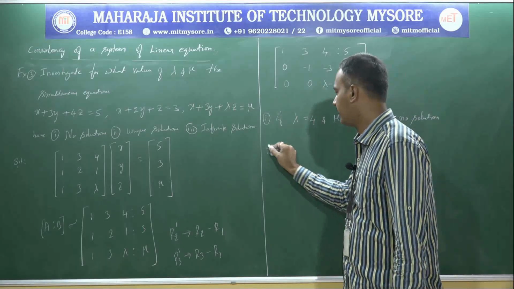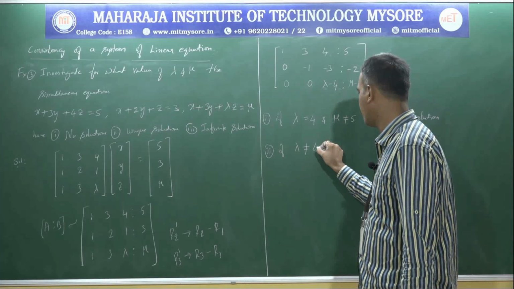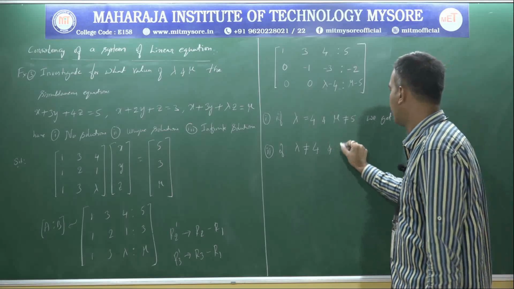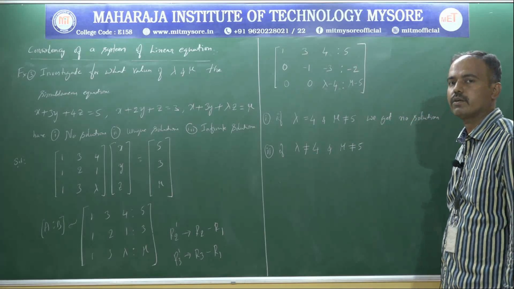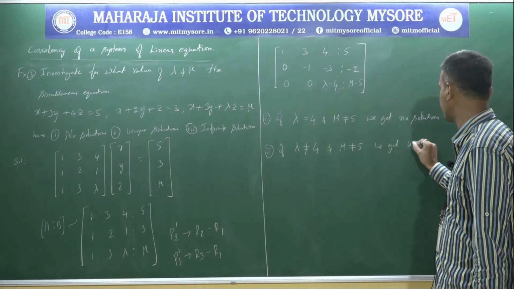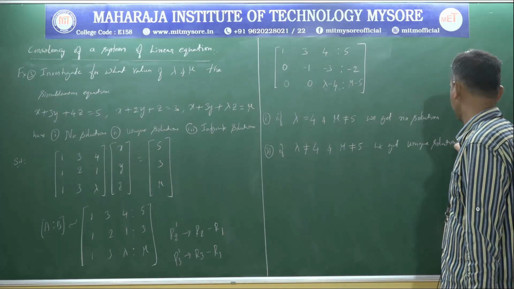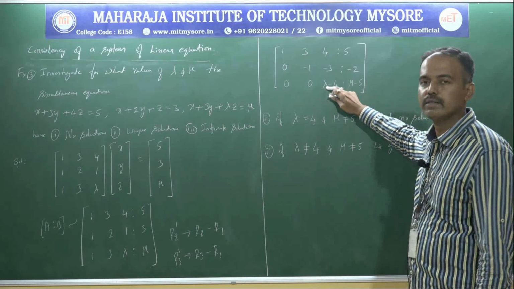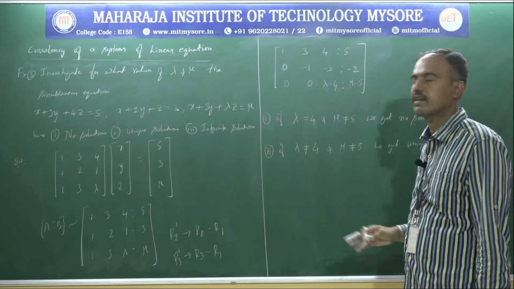Now the second case: if lambda is not equal to 4, and mu also is not equal to 5 here, then we get unique solutions. How do we get the unique solution? Lambda other than 4, different values, for example 5, 6 and so on.